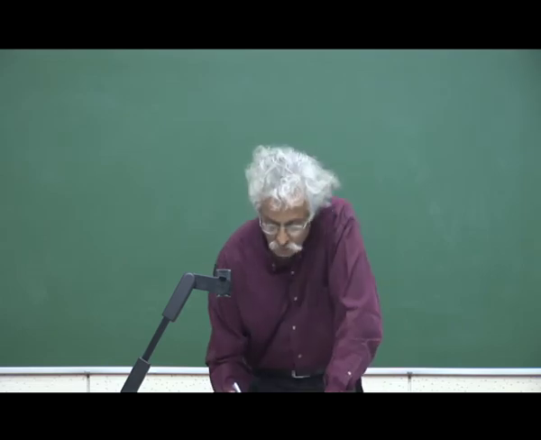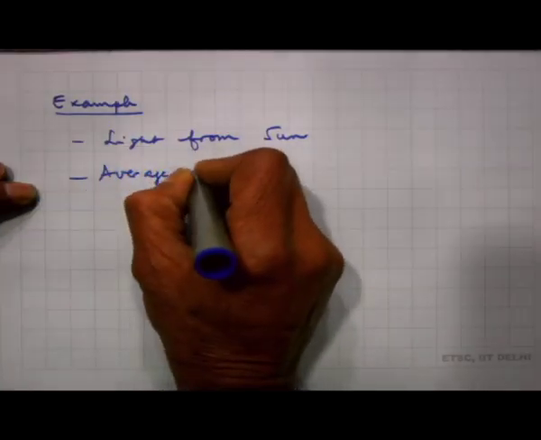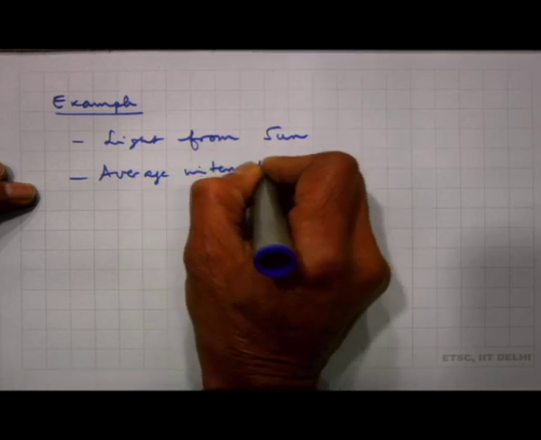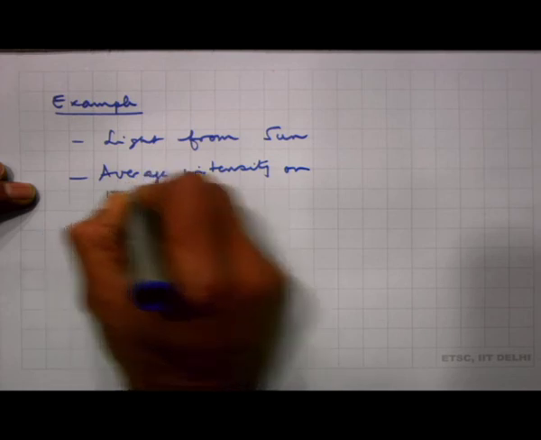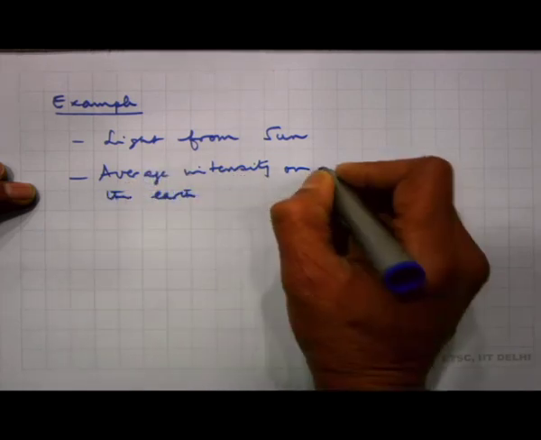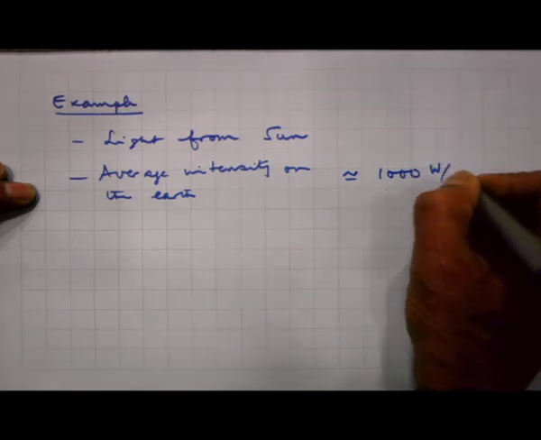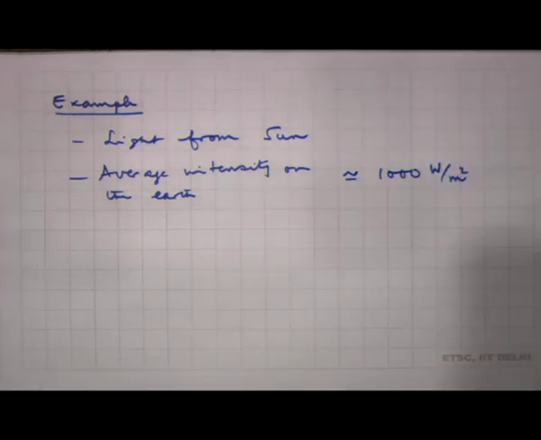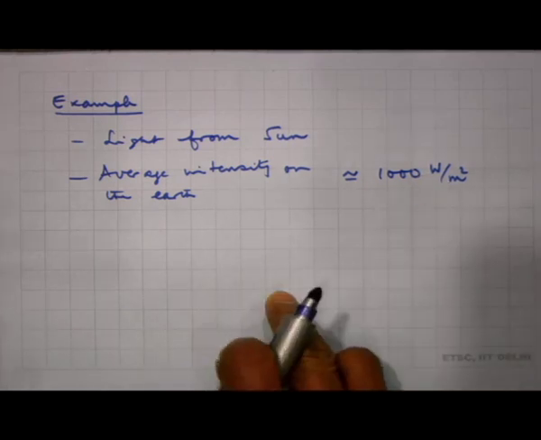So, finally, the average intensity on the earth as it falls on the ground is approximately 1000 watts per square meter. That is the unit of intensity, so much power per unit area, which is watts per square meter.